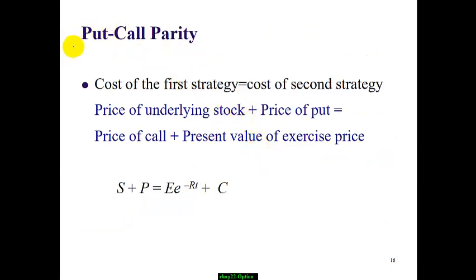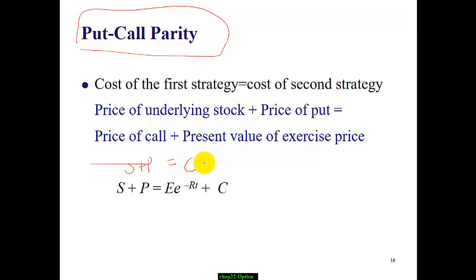Okay, so that's why we derived the first interesting valuation relationship, put-call parity. The put and call have this relationship because the cost of the first strategy must be the same as the cost of the second strategy. Why? Because they promise the same payoff in the future. So the first strategy is a stock plus a put option. The second strategy is a call option plus the present value, how much you pay for the zero coupon bond.